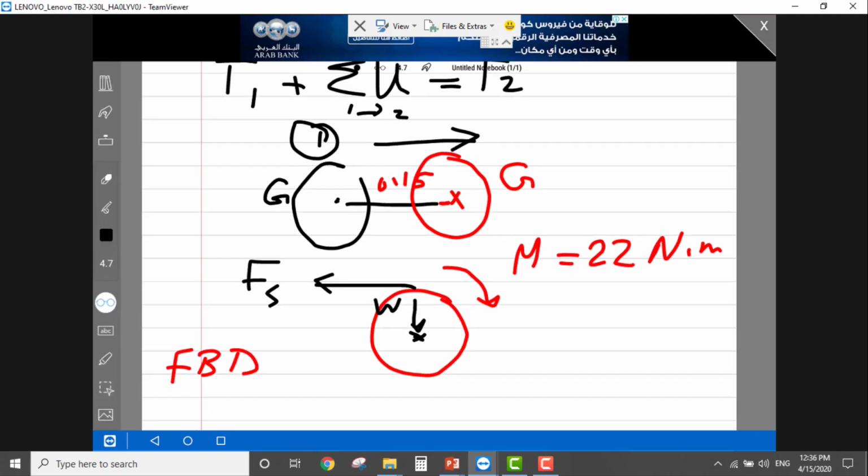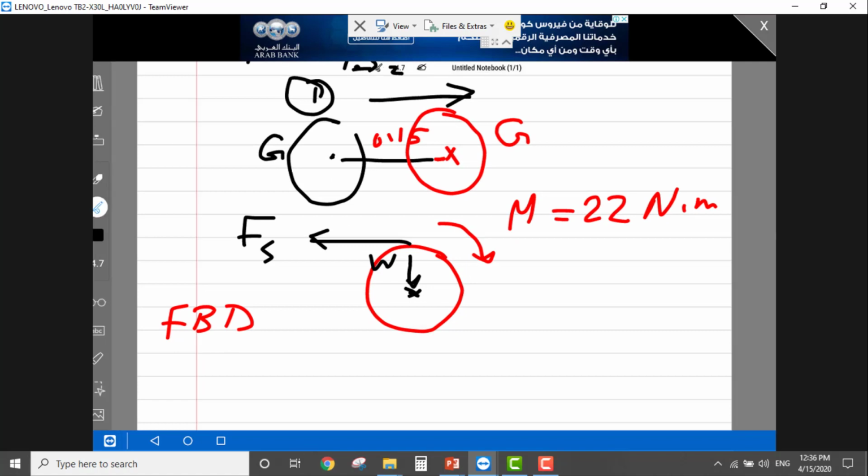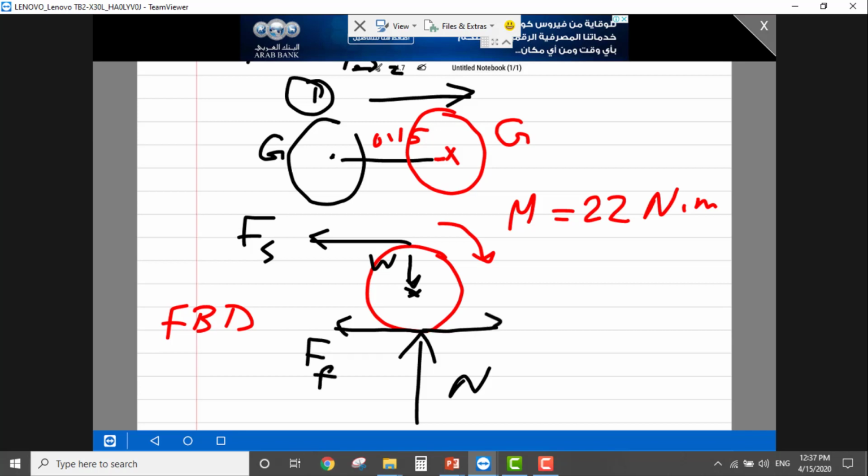We have reaction from the ground, normal force, as well as we have friction force. The friction force either will be in this direction, okay, or it will be in this direction. Which one is correct? This direction or this direction?